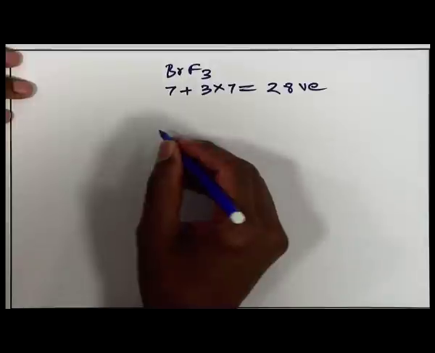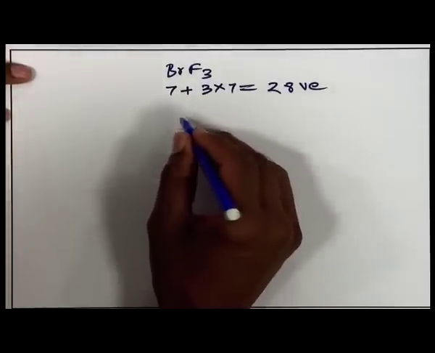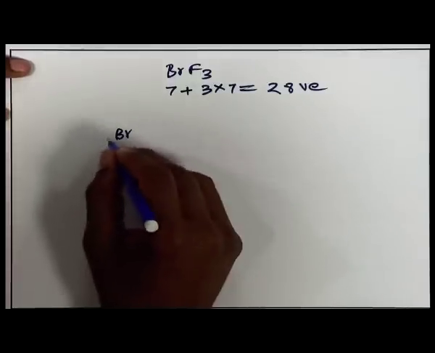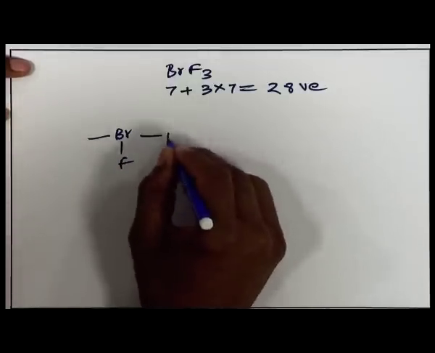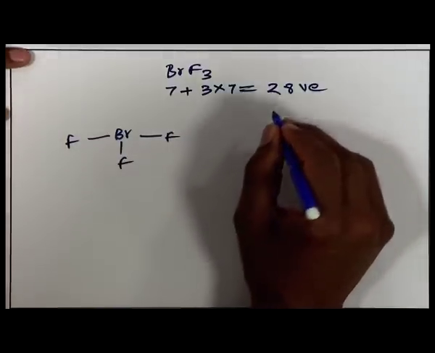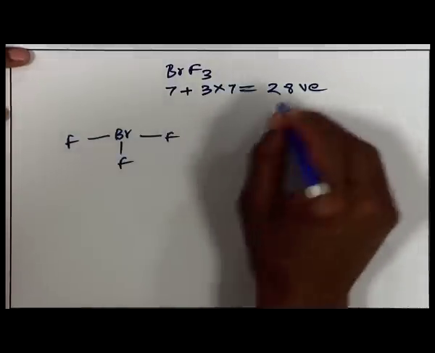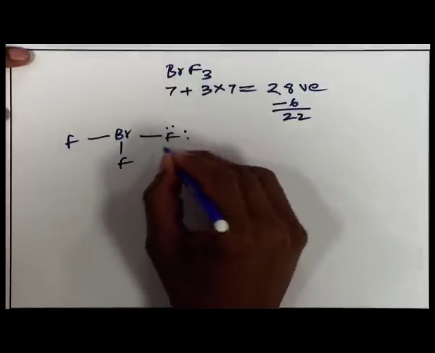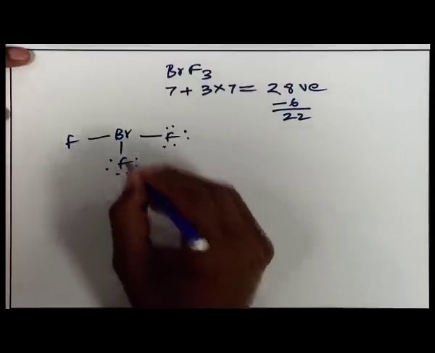Then you can arrange the electrons around the bromine atom as the central atom. So, you can have fluorine, fluorine, fluorine. So, there are 3 bonding electron pairs, 6 electrons were used. So, 28 minus 6 leaves 22 electrons, then we put the electrons here, here, here and here.